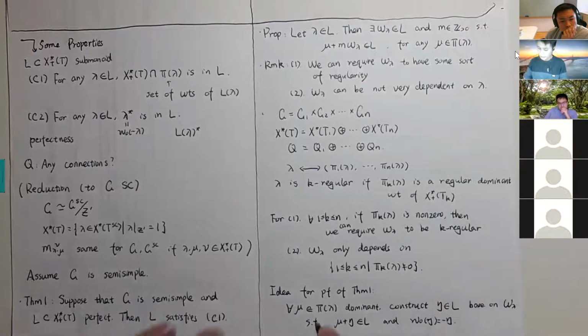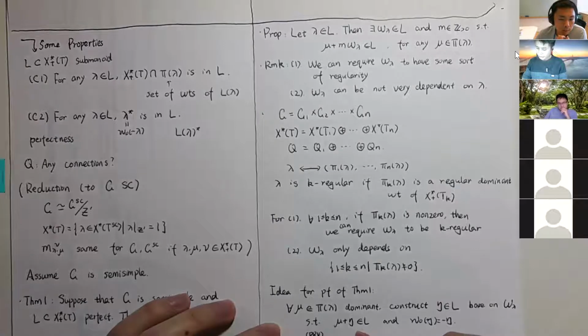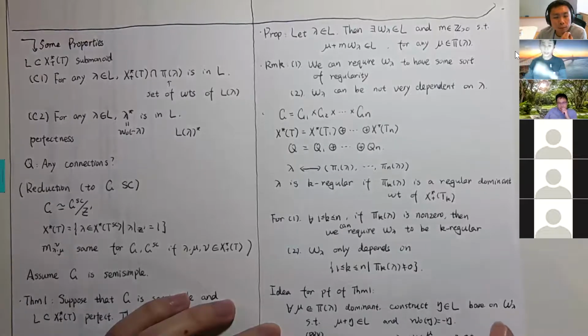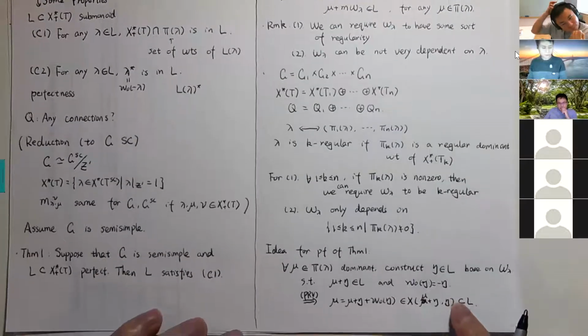If we have this, then by the PRV conjecture, μ, which is μ+η plus w_0η, is contained in L, by perfectness.